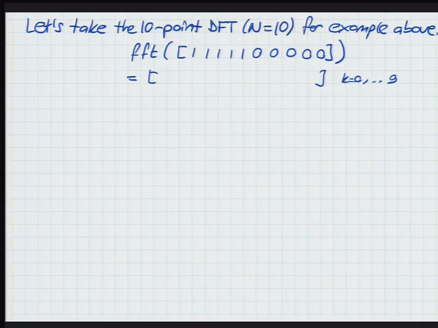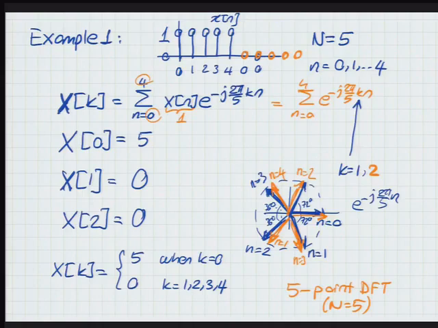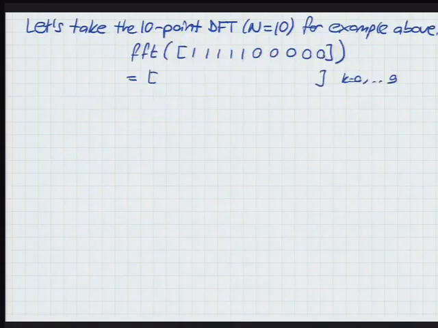So these calculations, if I just apply this definition with n equal to 10, that's fine, but it's going to be quite messy. So what we can do instead is remember the connection to the Fourier series, right?